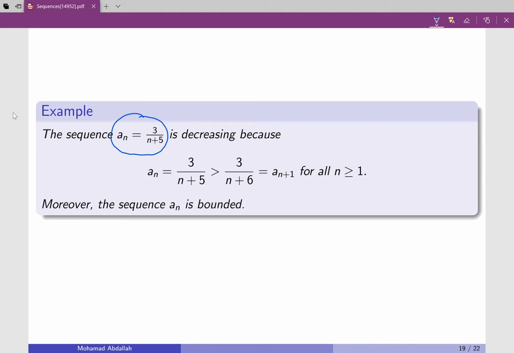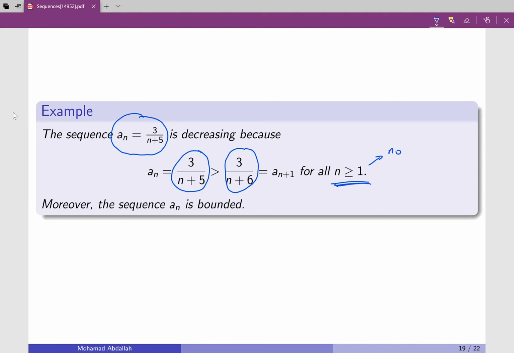If you look at an and an plus 1 and compare them, you have the same numerator, but the denominator of an is smaller, meaning that the fraction is bigger. And this is true for all n greater or equal to 1. So this is like my n0 in my definition.